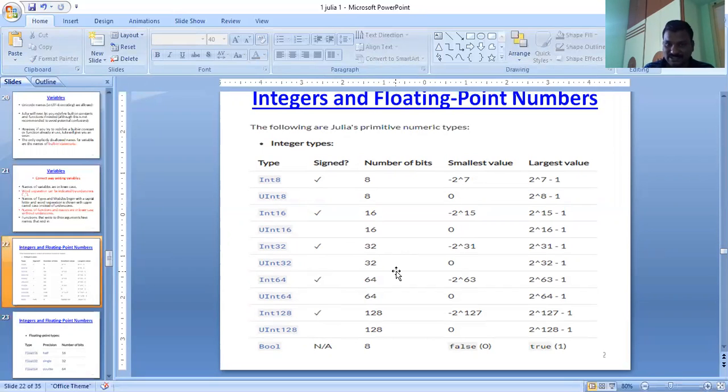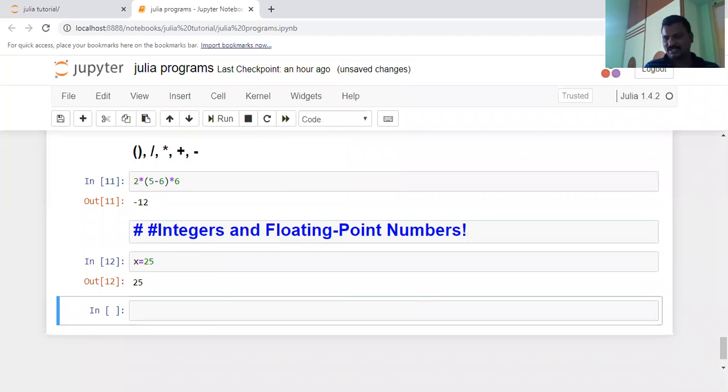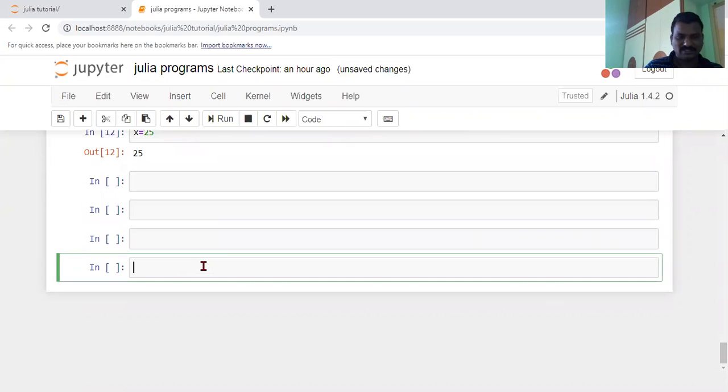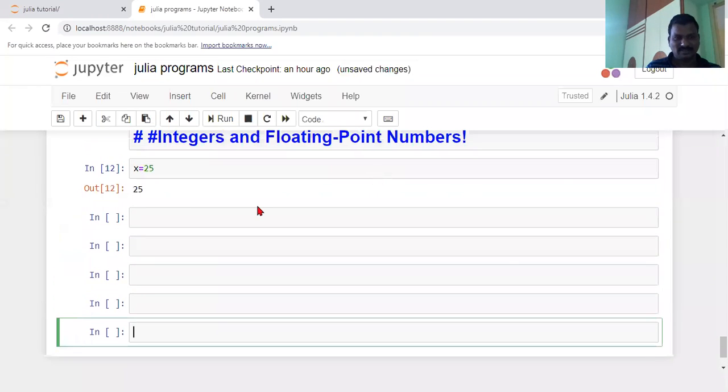Here you will execute these integer and floating point numbers in your program. For example, as I already explained, x equals 25, execute this. What is the value of x here?